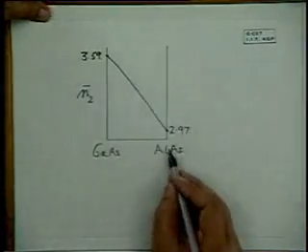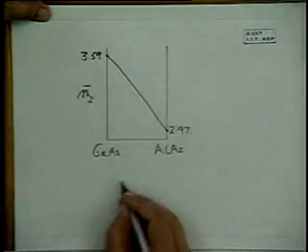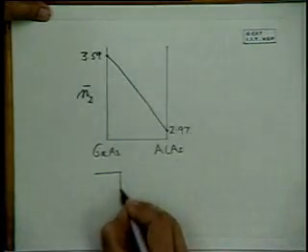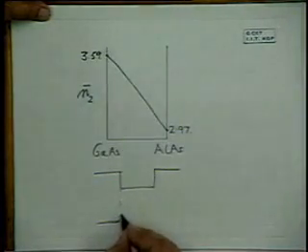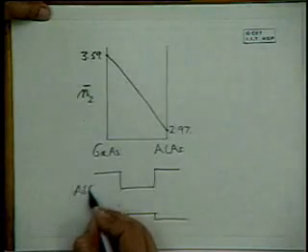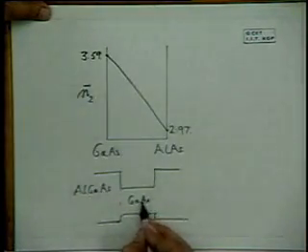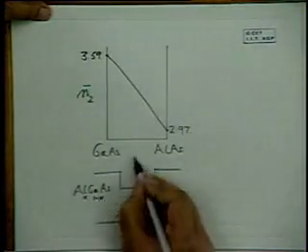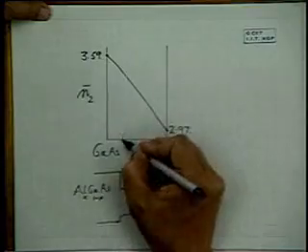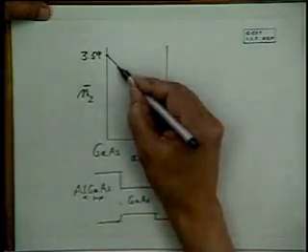So, fortuitously, when we are forming a heterojunction, what are we doing? We have GaAs and AlGaAs, where aluminum has a particular composition x, 1 minus x. So for a particular value of x, we can read off the refractive index.